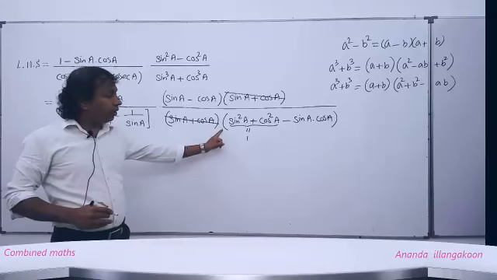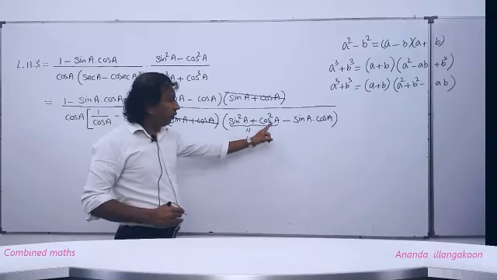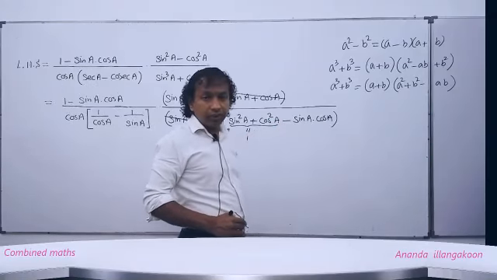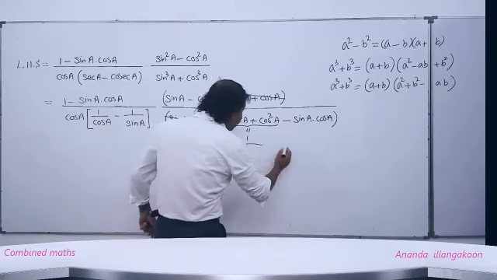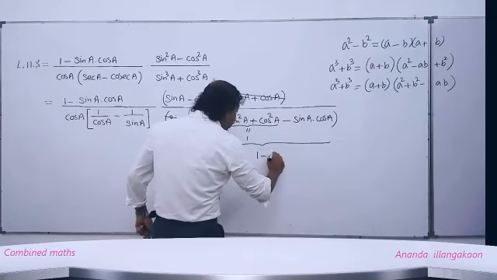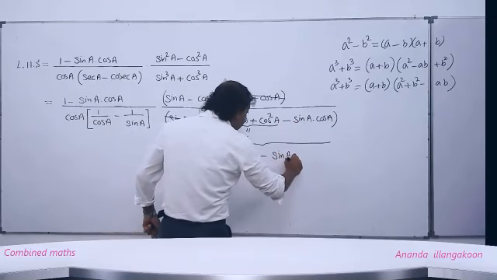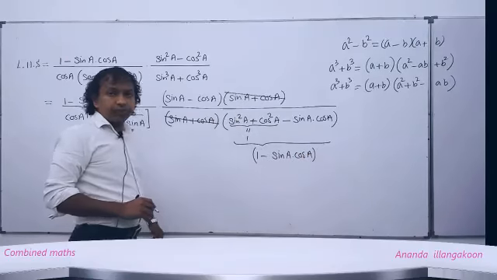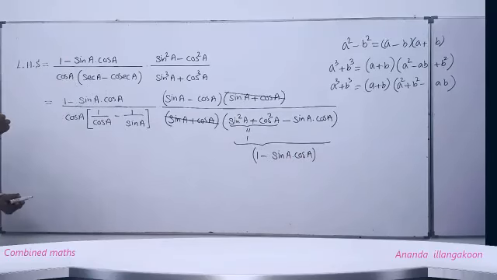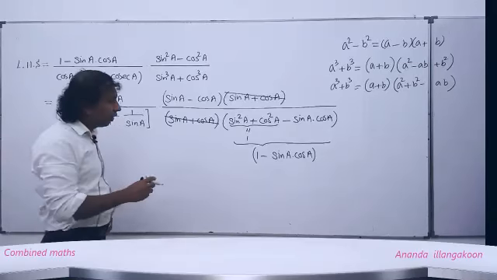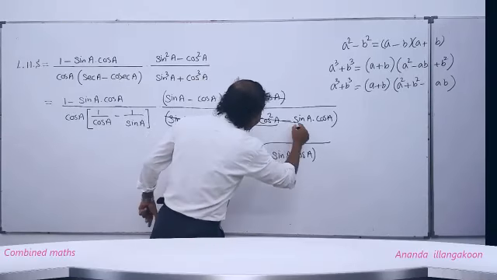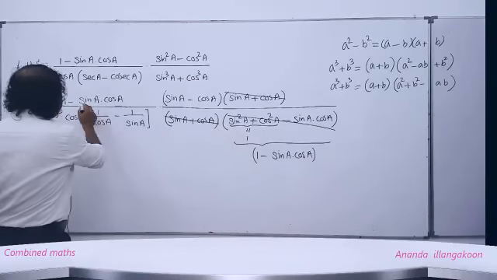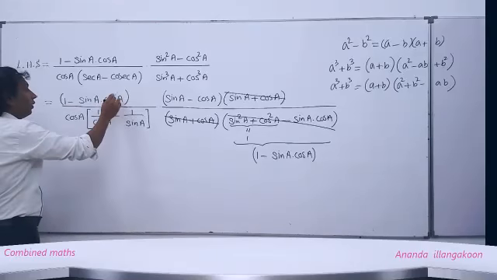Then this bracket is 1 minus sin A cos A. Then this 1 minus sin A cos A, this whole thing, we can cancel down with this 1 minus sin A cos A this way.